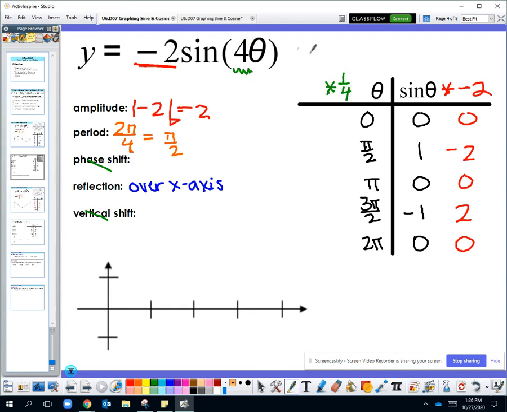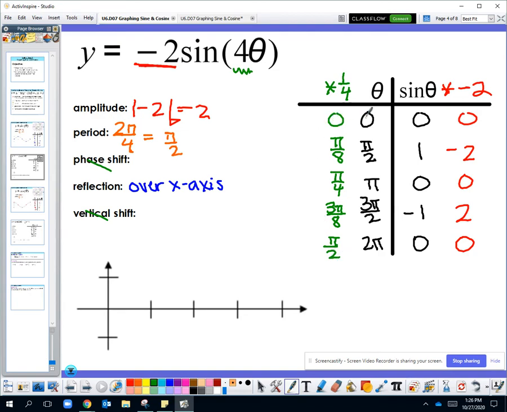So the reciprocal of 4 is 1/4. I would get 0. Pi over 2 times 1/4 would be pi over 8. Pi multiplied by 1/4 is pi over 4. 3 pi over 2 multiplied by 1/4 is 3 pi over 8. And 2 pi multiplied by 1/4 would be pi over 2.